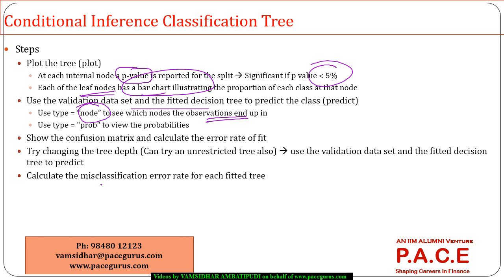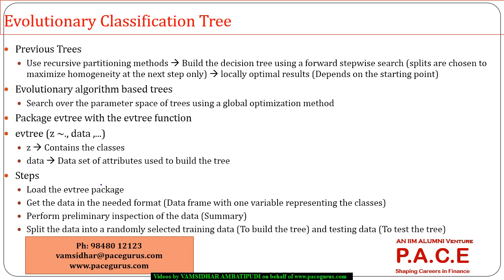Similarly, we have to look at the fourth and the fifth kind of models as well. With the same data set, we will look at them. We'll try to get into the next one, which is the evolutionary classification tree.